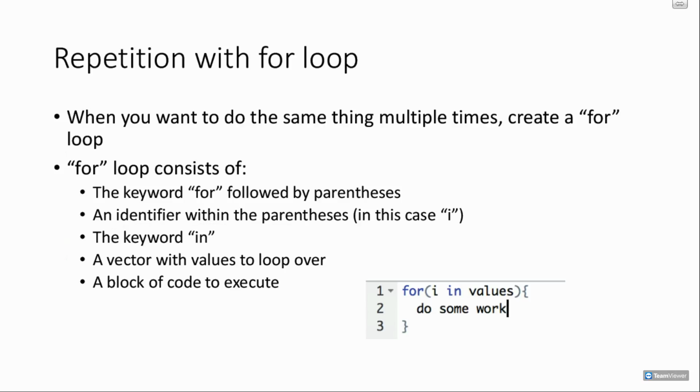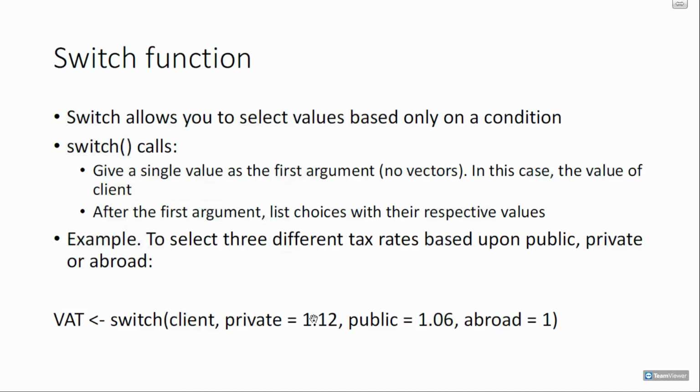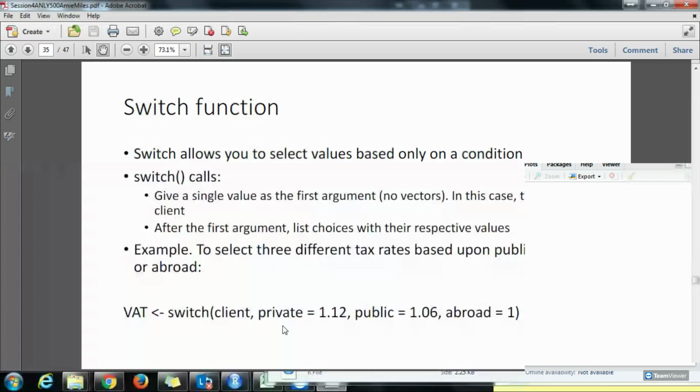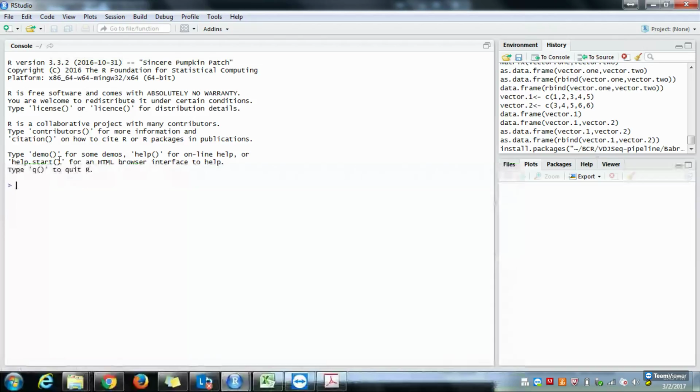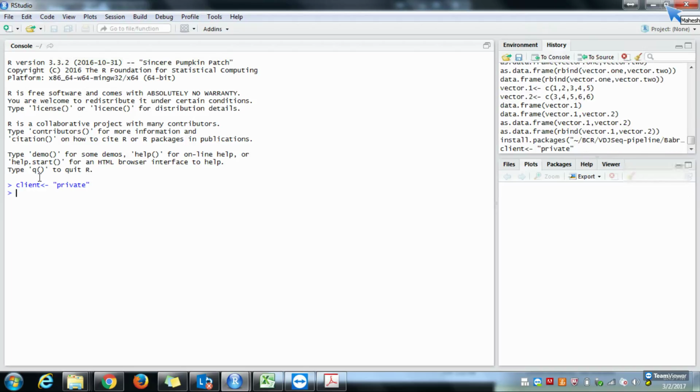So based on this, you can just try this one in our session. So first, let me do it. Let me put the client value as private. And if I do the same thing that I have in my example, use the switch command, the first argument is going to be the client, and we are giving it a series of choices.